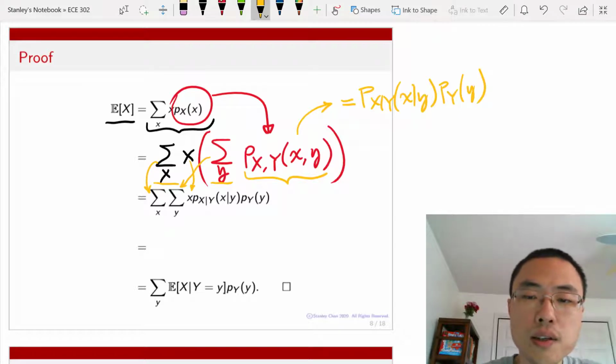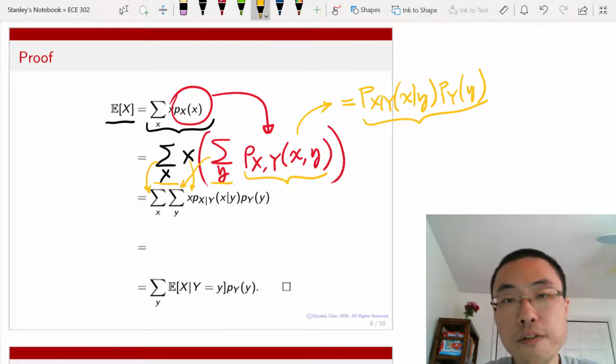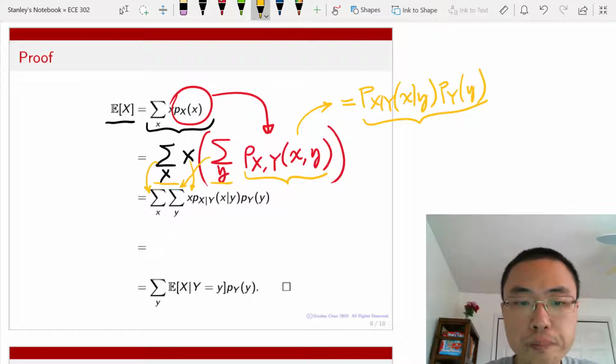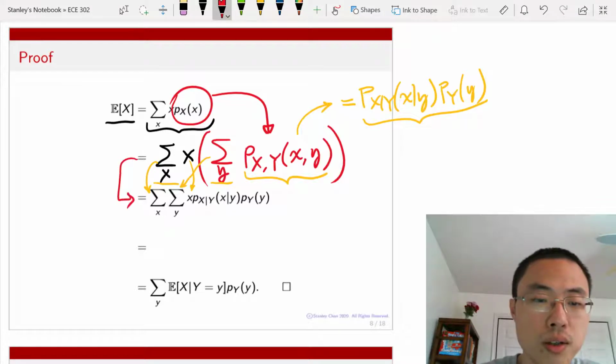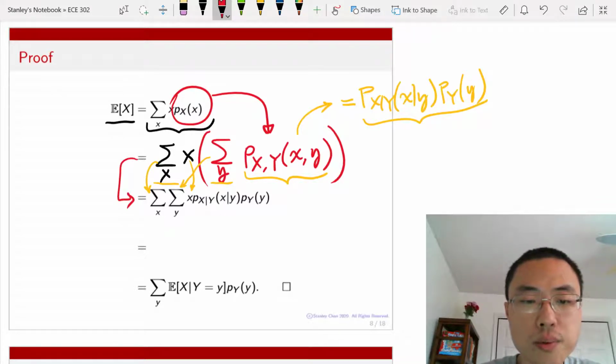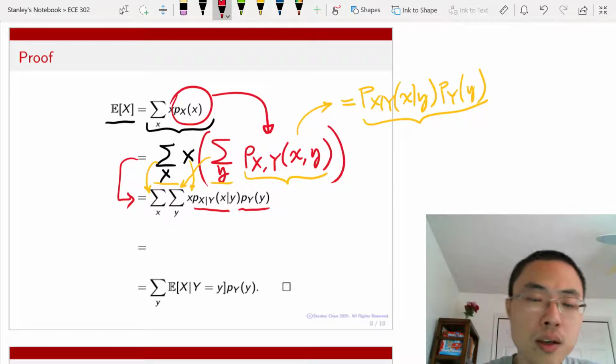This is the definition of the conditional PMF, which also follows from the definition of conditional probability. So you put this into the equation, and you have a double summation of x times this conditional PMF, and then there is the prior PMF.